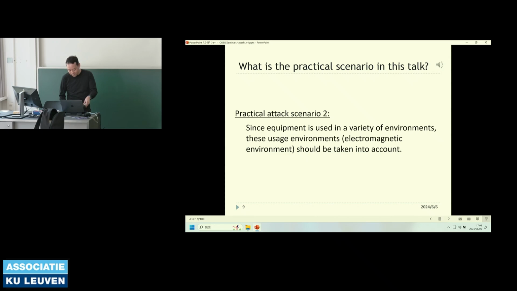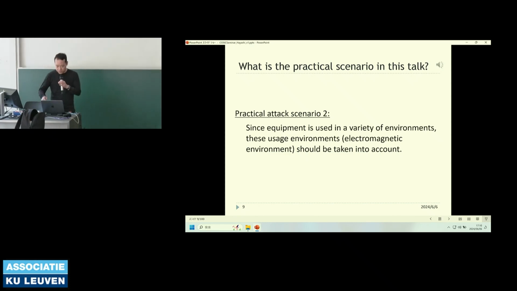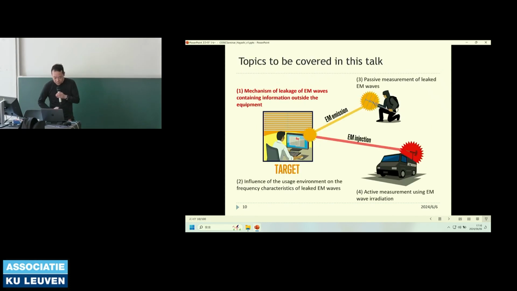From the perspective of electromagnetic information leakage, this ultimately impacts the ability to capture information. Therefore, in this talk, I will also explain how the ability to capture leaked information changes when the electromagnetic environment changes. Can you imagine the electromagnetic environment when you measure EM from the device?